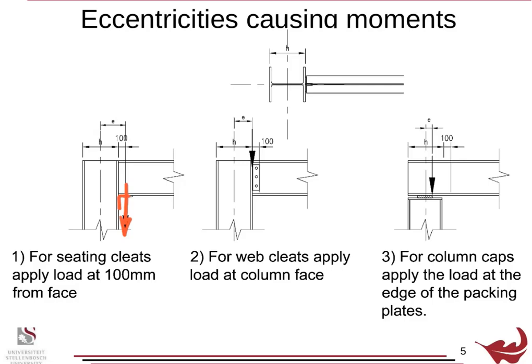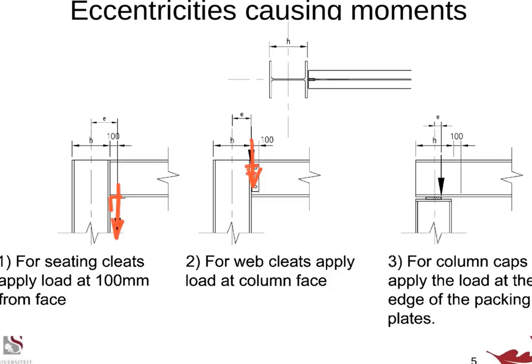If we have a web cleat, then web cleats deform, and we can assume that the load is basically applied at the face of the column, because there's bolts going from the column into the beam, and there are then bolts from the cleat into the column.